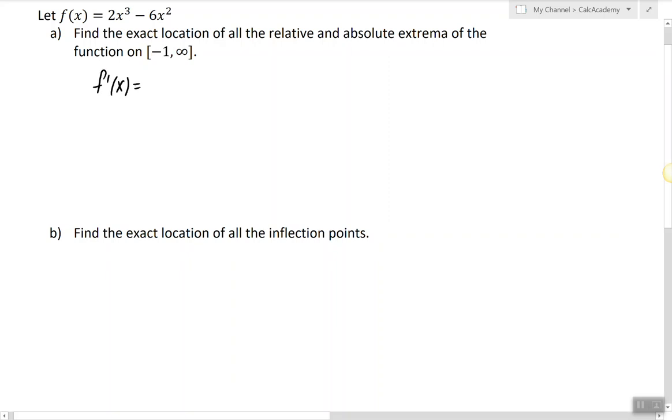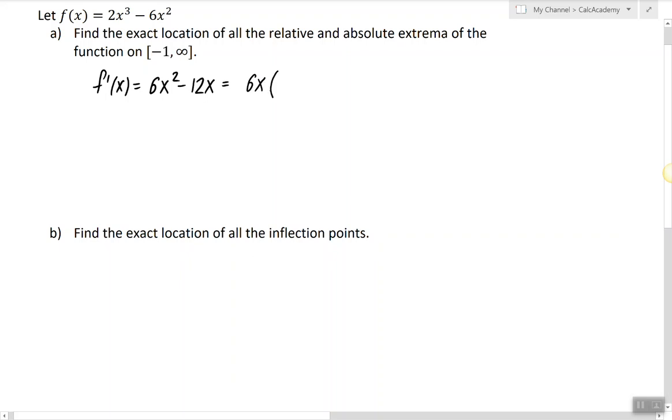The first derivative in this case is 6x squared minus 12x, and to find the critical values we have to set the function equal to 0 or find the points where it doesn't exist. So the best format to write the polynomial function to analyze it is the factored form.